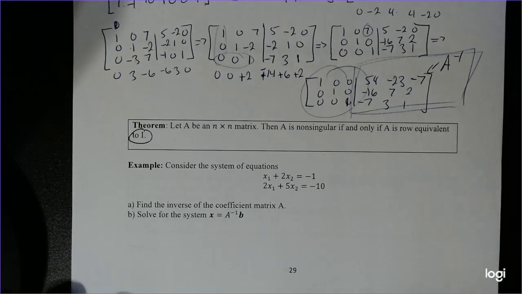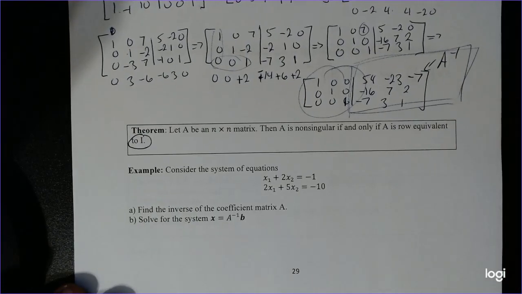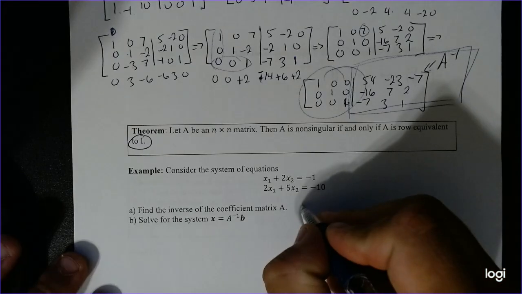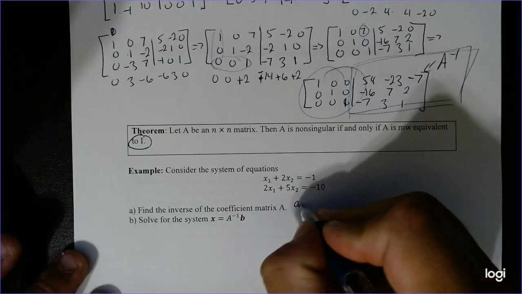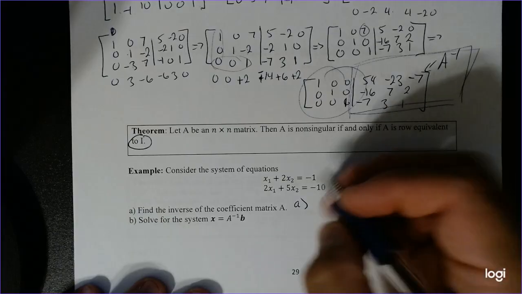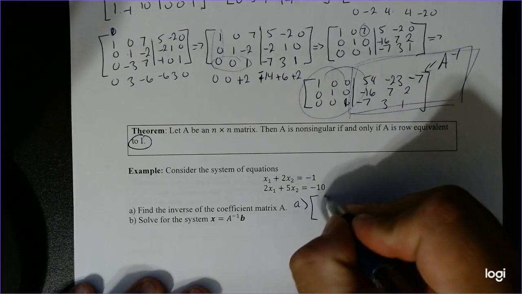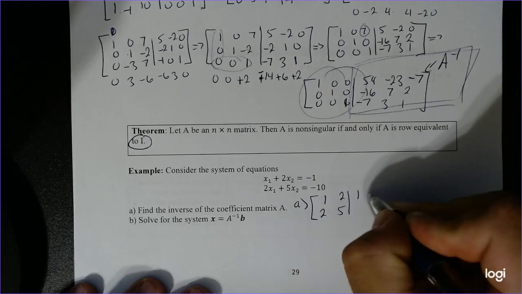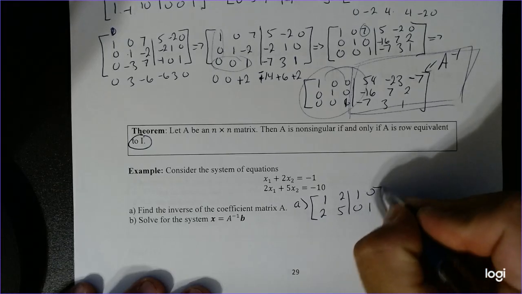So, interesting example here. Given a system of equations, so just two systems. Find the inverse of the coefficient matrix. Solve for the system x equals A inverse B. Okay. So let's do the first one. It's only 2 by 2, so it shouldn't take too much.